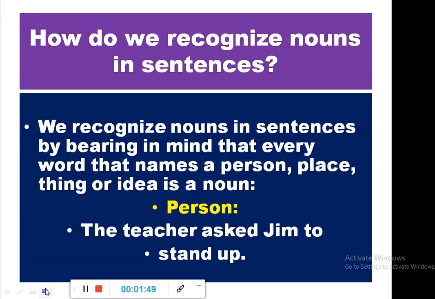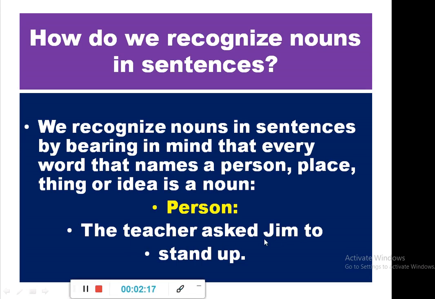Let's look at a noun referring to a person. Now look at this sentence. The teacher asked Jim to stand up. Here you can see two particular nouns. Teacher is a noun. This is a common noun, and Jim is a noun. But Jim is a proper noun.